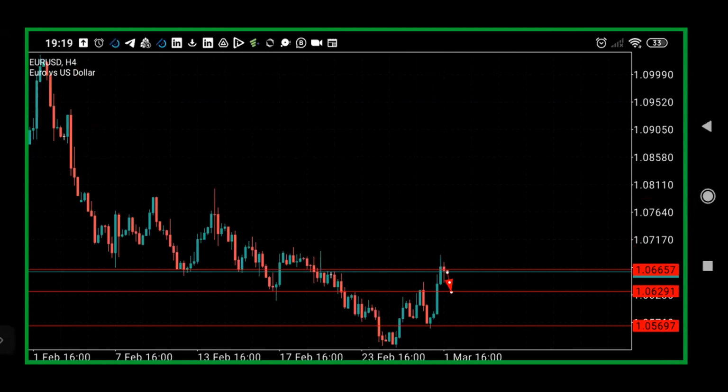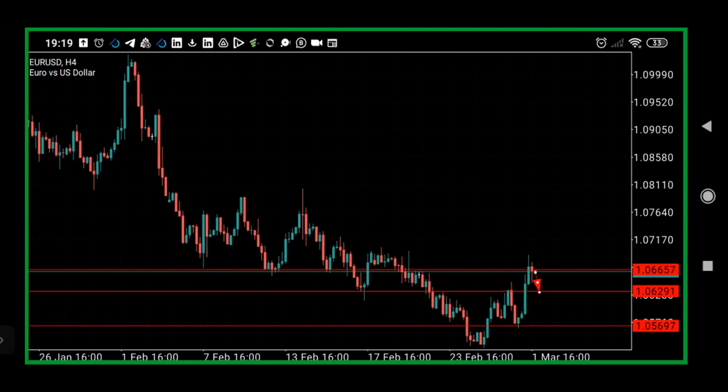How do you understand exactly what is going on here? How do you know the right price to buy, and the right price to sell? That is what we want to talk about now. Everybody with MT5 installed on their phone would have access to what I'm seeing on my screen right now.